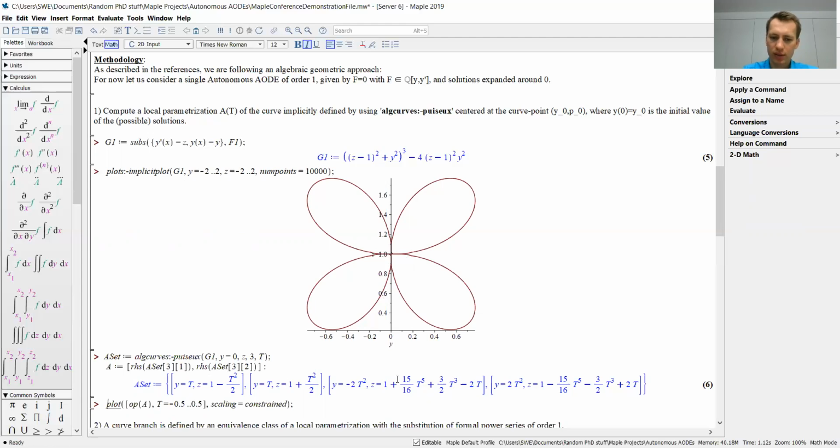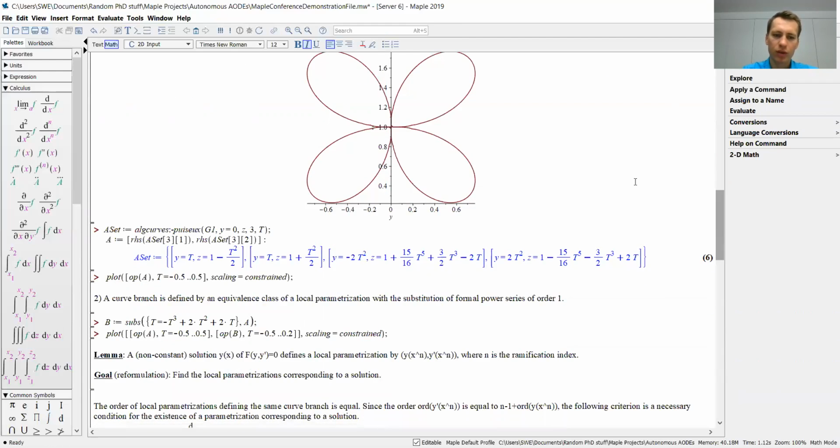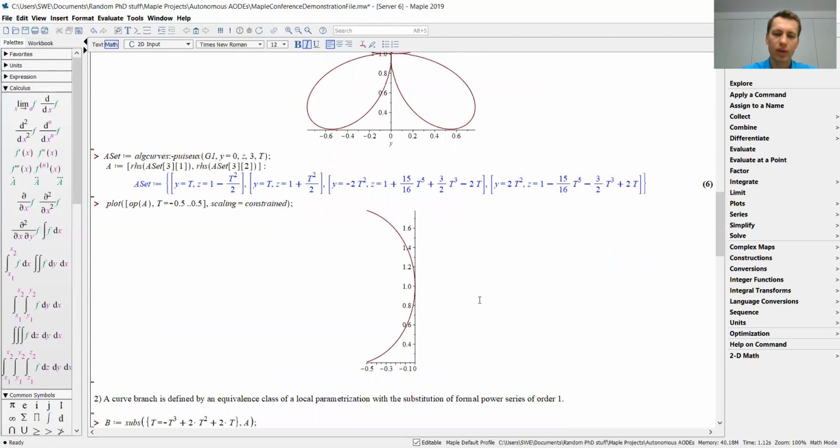Each of these local parametrizations defines one of the curve branches. For example, if we take the first of these local parametrizations, then we get this branch here.